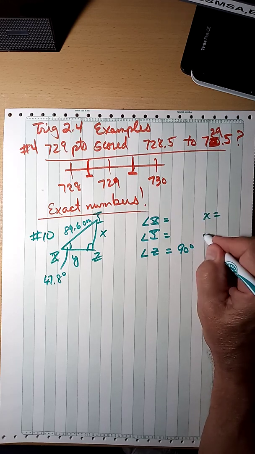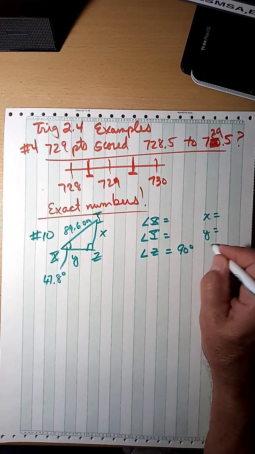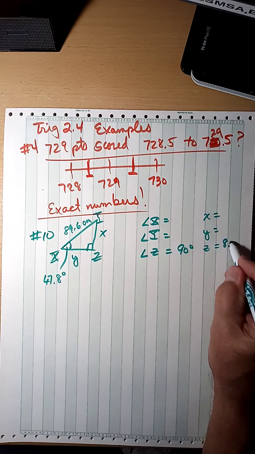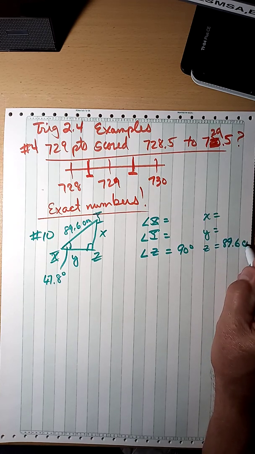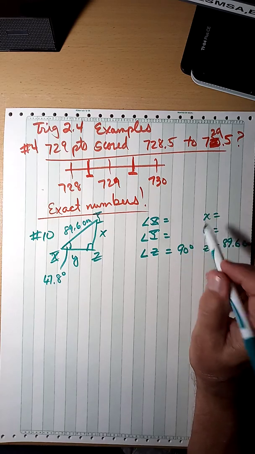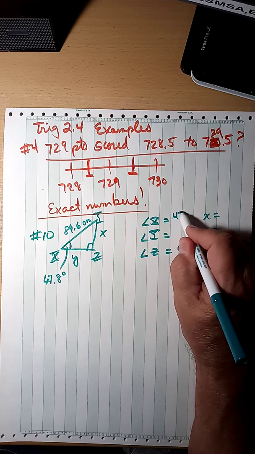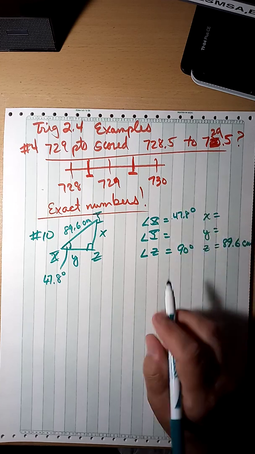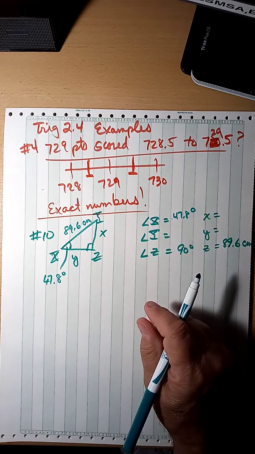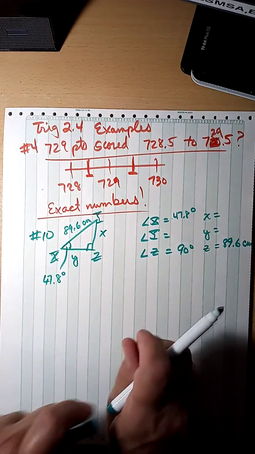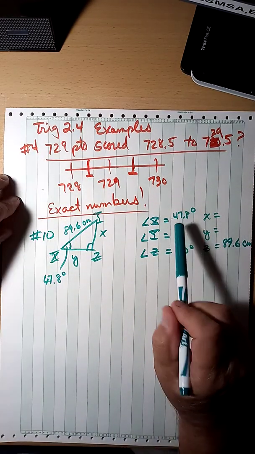Little x, little y, and little z. Well, little z we also know it's 89.6 centimeters. Don't forget the centimeters. Angle x is 47.8 degrees. I don't know why they say give angles in degrees and minutes when they give these angles in decimal.